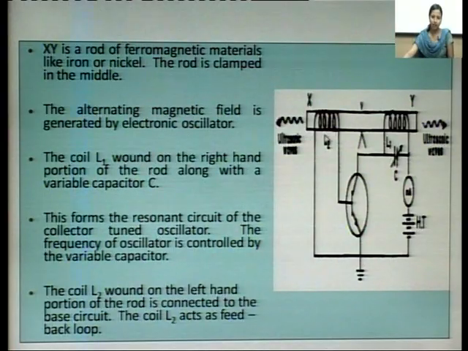The coil L2 is wound on the left hand portion of the rod, and it is connected to the base circuit. Coil L2 acts as a feedback loop.